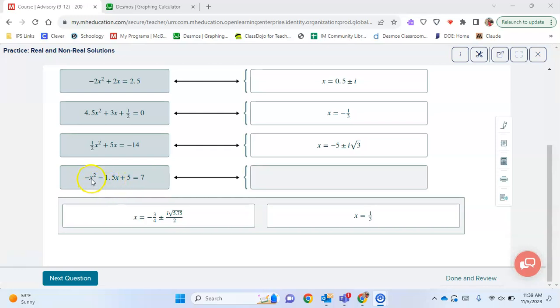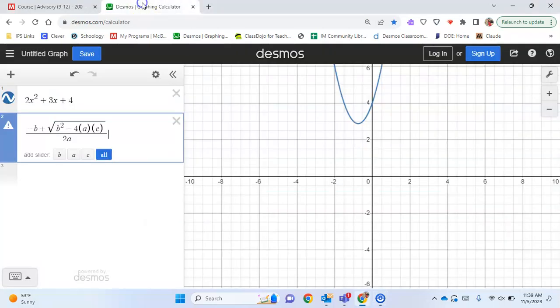So -2 times -x squared would be 2x squared, times -1.5 would be plus 3x, and then times -2 would be plus 4. That makes A is 2, B is 3, and C is 4. Opposite of B would be -3.